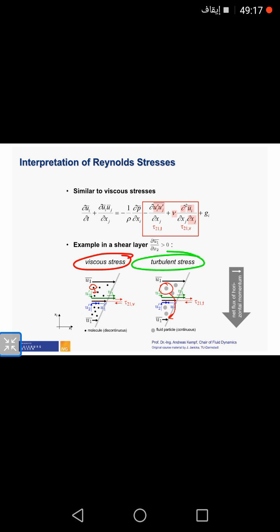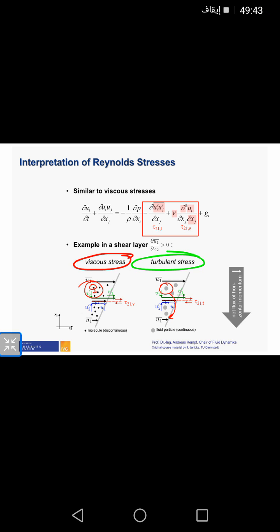So viscous stresses: very high molecular velocity, but only carried over very small distances, mean path lengths. They are typically in the nanometer range. For the turbulent stresses, very low velocity fluctuations, maybe 10% of the mean flow velocity, but therefore a traveling distance in the range of millimeters.